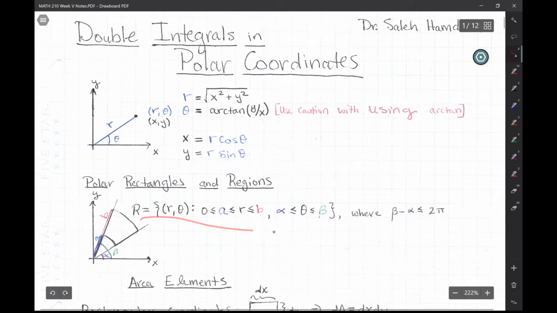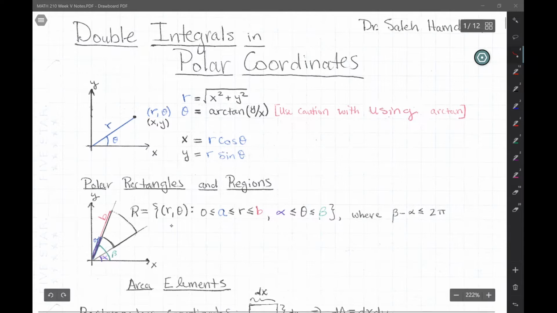So, what does this region describe? It describes what you see highlighted there. Moreover, beta minus alpha, so the bounds of theta, should be less than or equal to 2 pi in how we're using it in our setting.